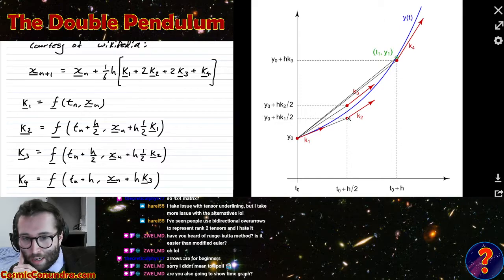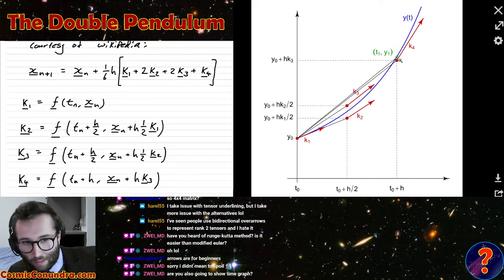So K1 here is the gradient of the curve x with respect to t sampled at the initial time position, and that takes you along to this point here, and at this point you evaluate the gradient again, which gives you K2, and then K2 takes you along to K3, and so on.